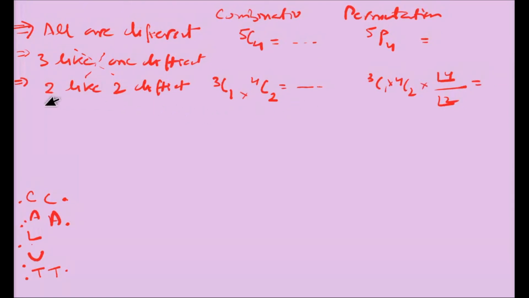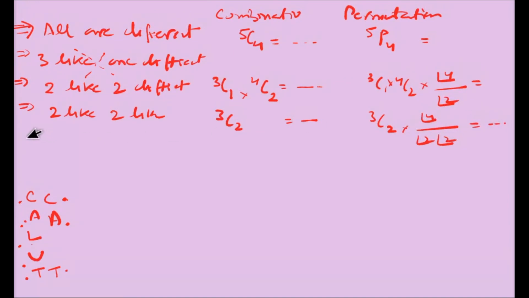Now we can say 2 alike, 2 alike. So we have to take 2 pairs, and with each pair we take the combination of 2 alike and 2 alike. Now 1 alike, 3 unlike is not possible, since 1 alike has no meaning.